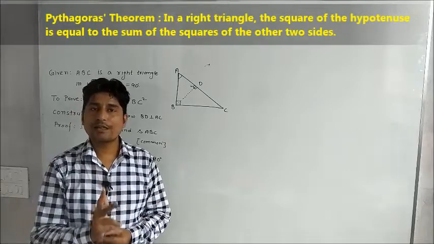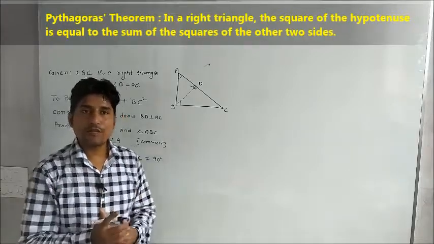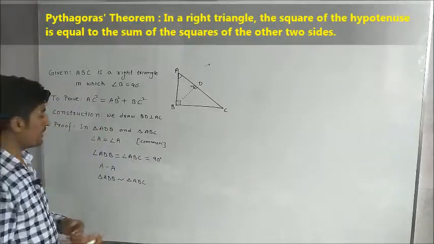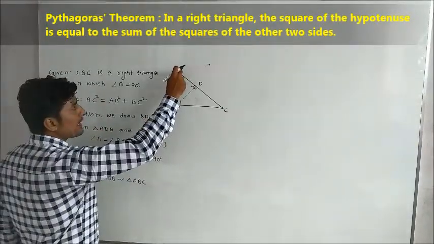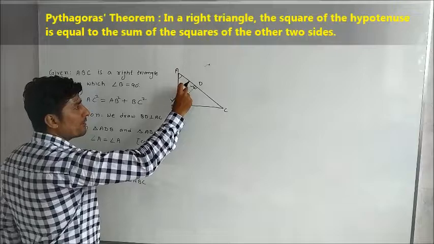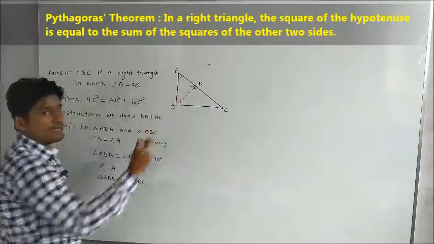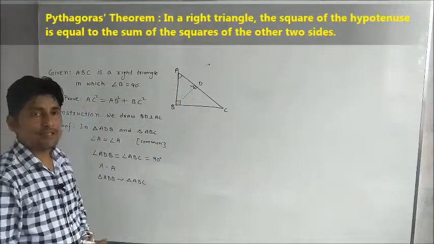If two triangles are similar, then the ratio of their corresponding sides are equal. Suppose we are taking side AD of this triangle, then corresponding side of ABC will be AB.